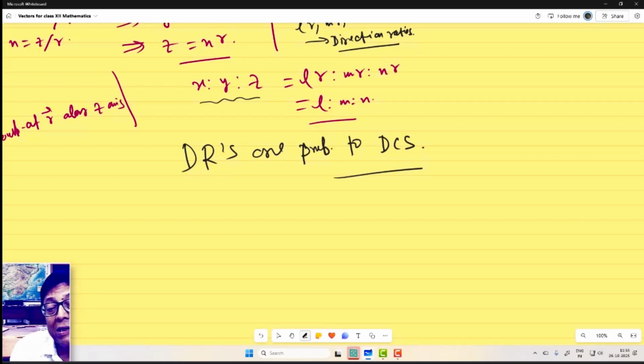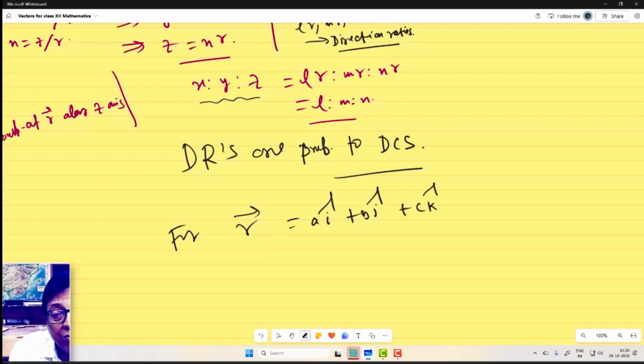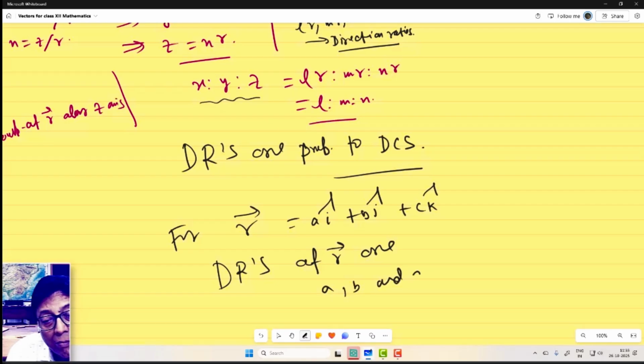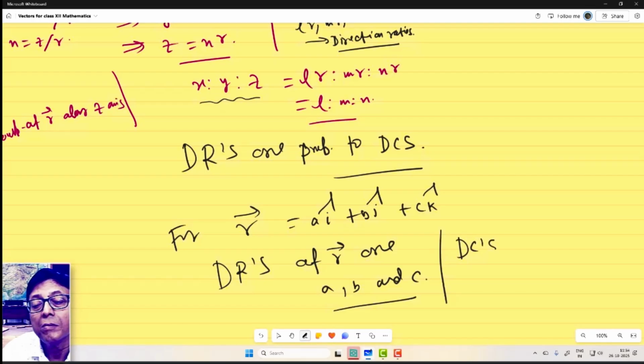So let me repeat that part. For r equal to ai, bj, ck, what are the DRs of this vector? DRs of r are a, b and c. DCs of r are what?